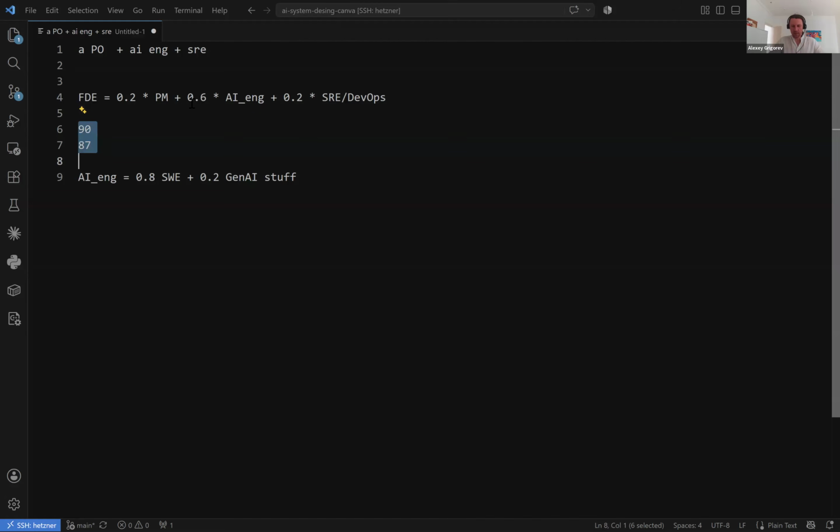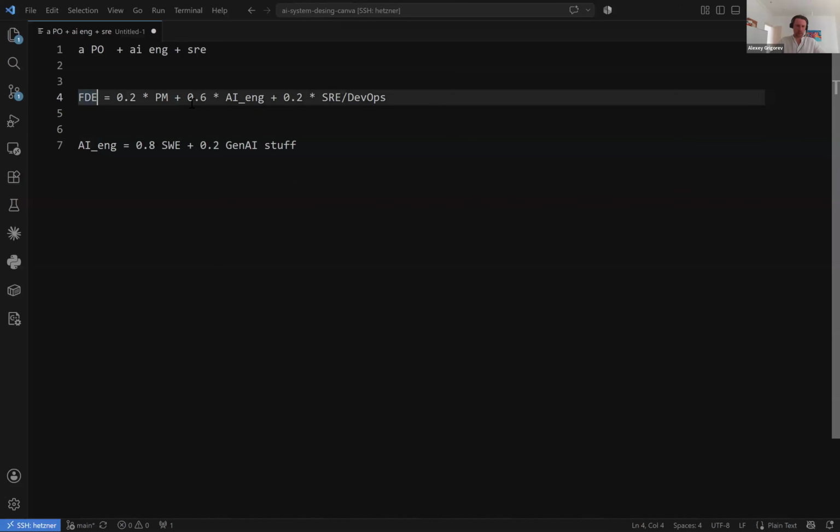They have to have a lot of technical expertise, but also a lot of business domain knowledge. This 0.2 is pretty arbitrary, it can be different, maybe more. But as I said, they don't have to be 100% business analysts. Maybe you would get a business analyst who would sit down with the customer, figure out the problem using their business analysis skills, and then work together with the FDE, if they really need somebody strong on this side. So I wouldn't expect somebody 100% PM here, because finding somebody who is 100% PM and 100% AI engineer, I don't think it's possible.